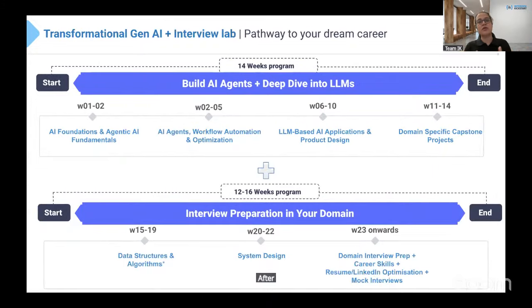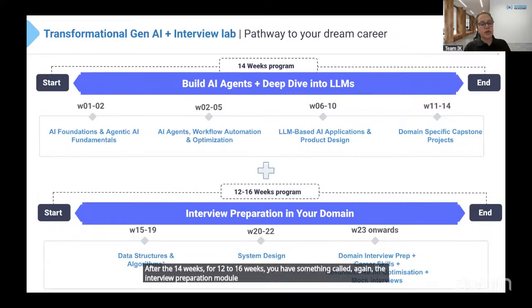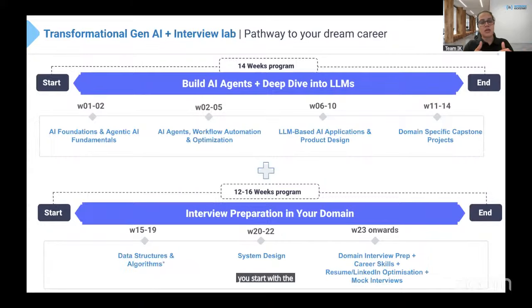After the 14 weeks, for 12 to 16 weeks, you have the interview preparation module starting. We teach you the basics of interview, something that is asked in every interview. You start with the essay, then you go into system design, and then all the career skills teaching starts.